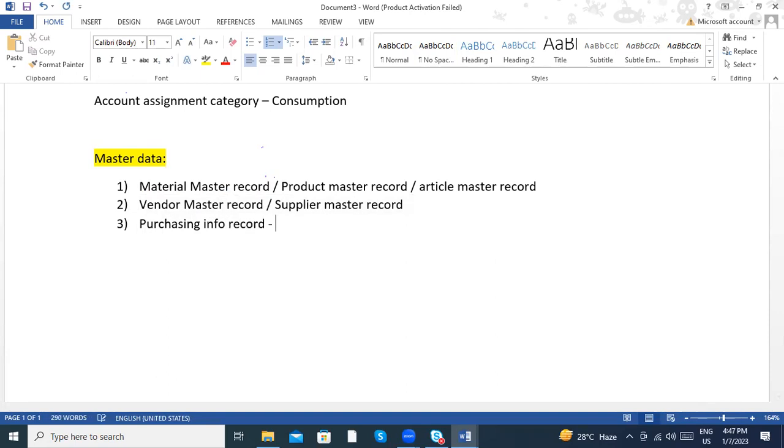So the purchasing info record is like the combination between material and vendor, under purchasing organization.